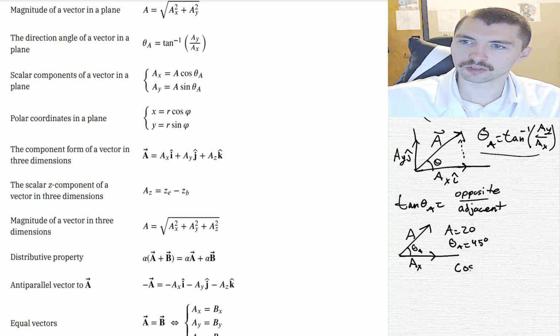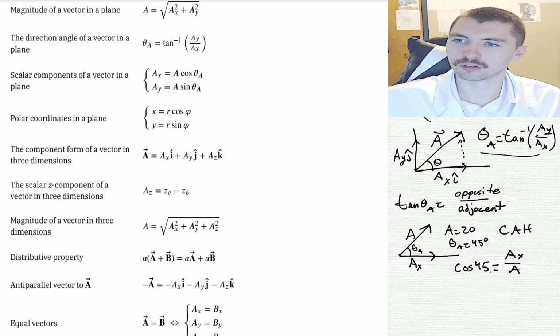Then you could say cosine 45 equals, SOHCAHTOA, adjacent over hypotenuse, equals AX over A. So you can rewrite this as A cosine theta, which is 20, adjacent over hypotenuse. So you can rewrite this as this.